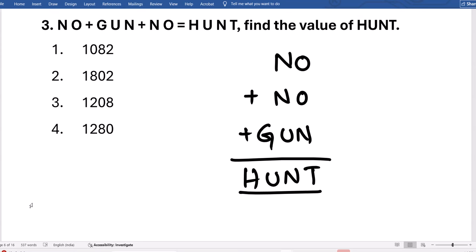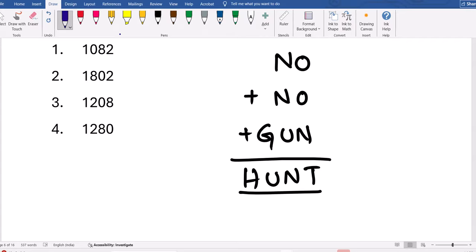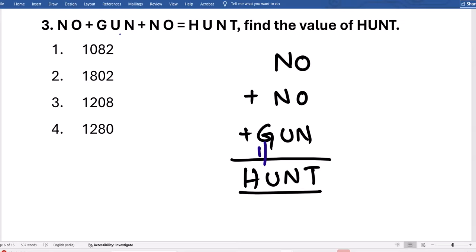H must be 1. You can see that from the options also, right? And see, the maximum carry we can get from here is 2, or it can be 1. I definitely want a carry, because G plus something, 1 or 2, should result in HU.